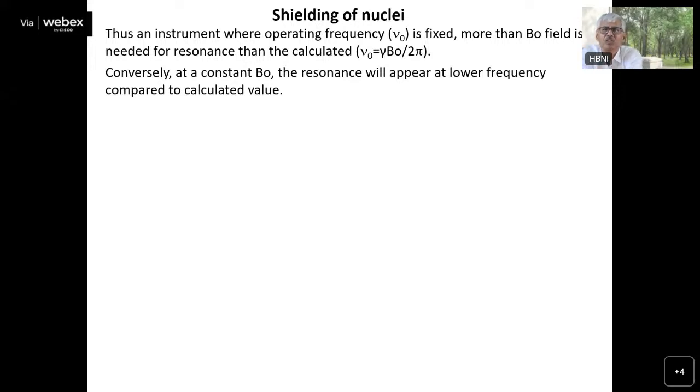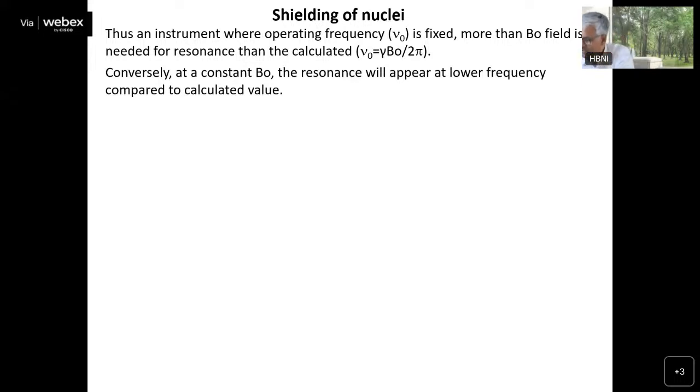In the first case, when the operating frequency is fixed, you have to apply more than the B0 field, a little more magnetic field, to bring it under resonance and overcome the screening effect. Similarly, if your machine is fixed at a particular magnetic field, then your nucleus resonates at a lower frequency compared to the calculated value.